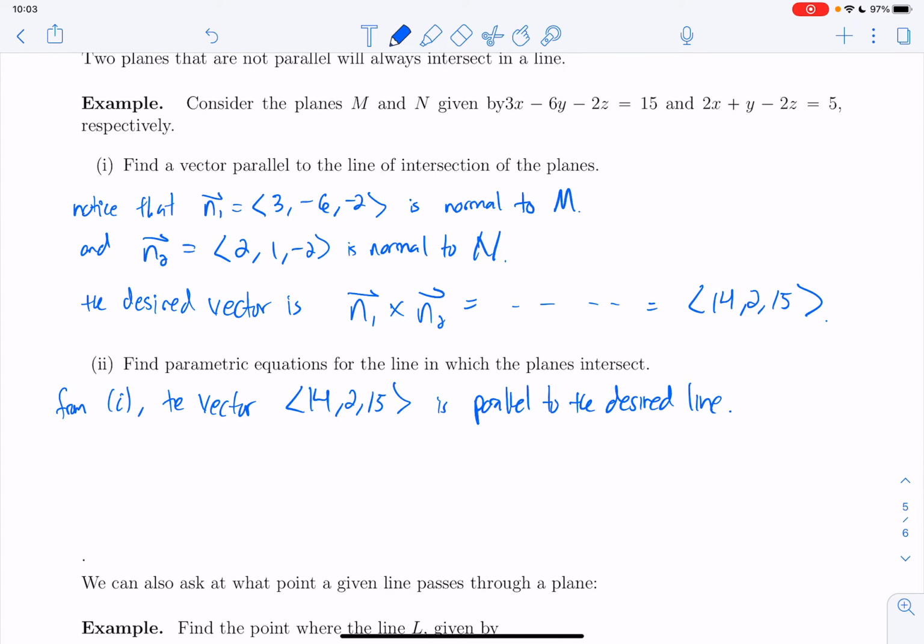So putting z equal to 0, we solve the system coming from, in this case, 3x minus 6y is equal to 15, and 2x plus y is equal to 5. And now this is a system that has two equations and two unknowns, and therefore it potentially has a unique answer.